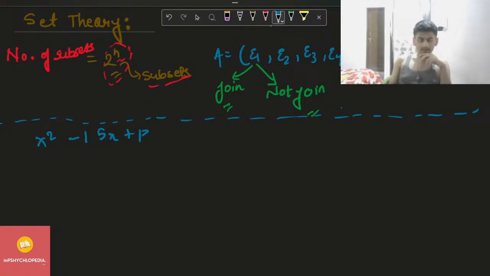So the thing is, there are two sets, set A and set B. The number of subsets will be 2 to the power n of A. Let's say n of A is small a, and 2 to the power b is the number of subsets of B.